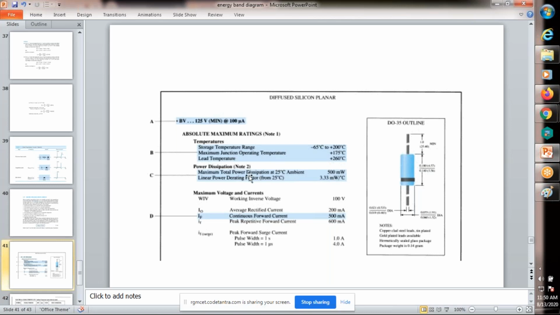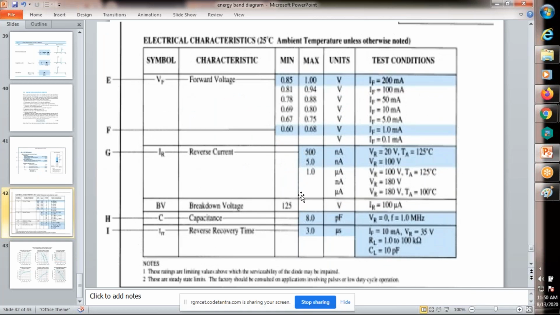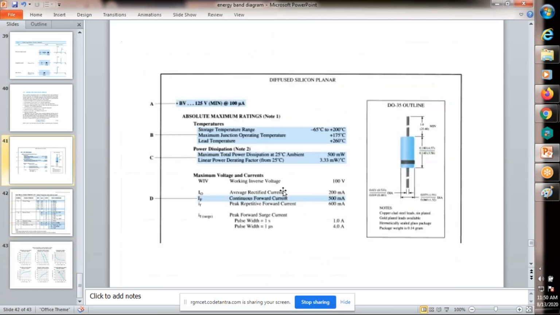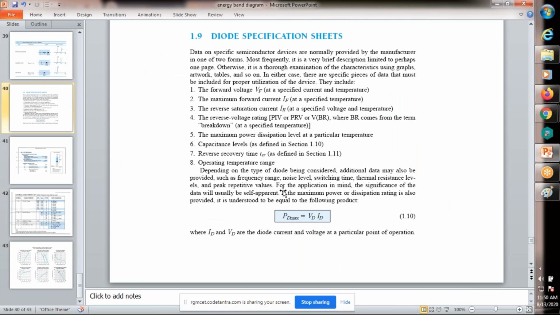These are also the temperature ranges and power dissipations given. What are the test conditions? What are the maximum current and voltage levels? And these are all the curves, like forward voltage versus forward current. All these are not necessary. Just remember a few specifications.